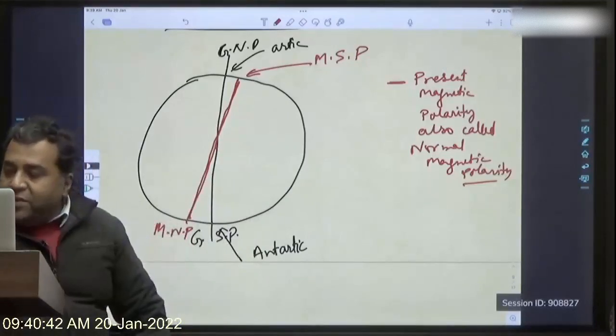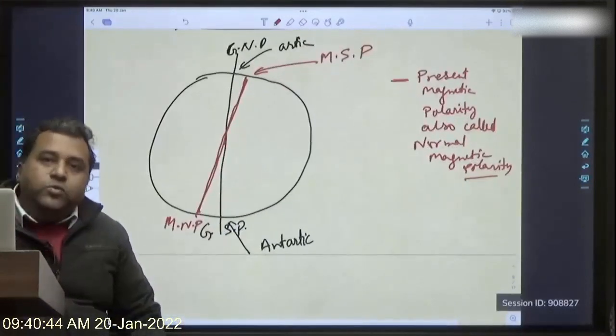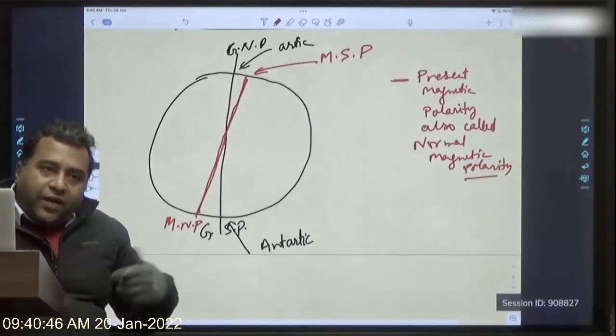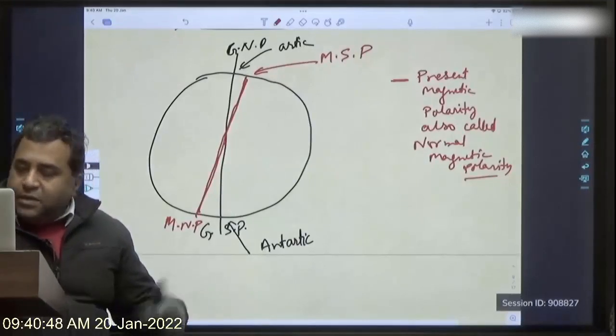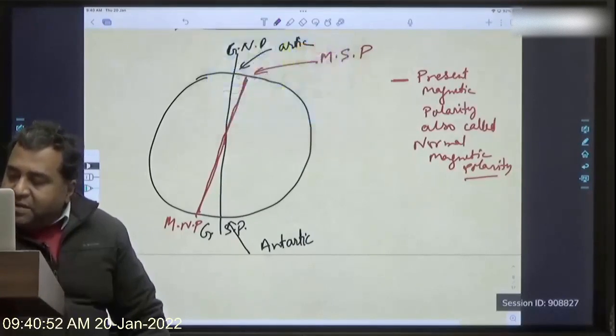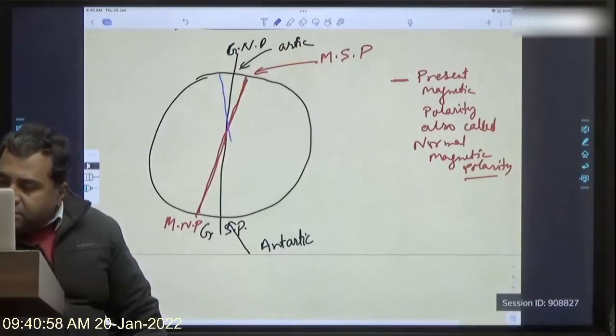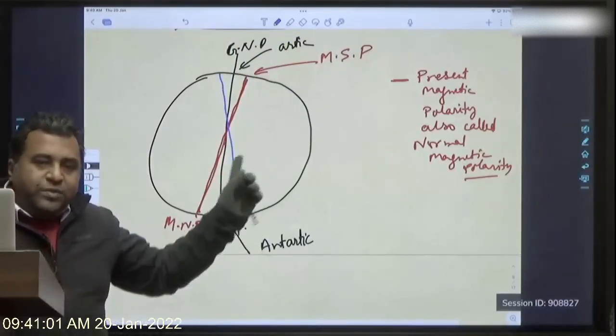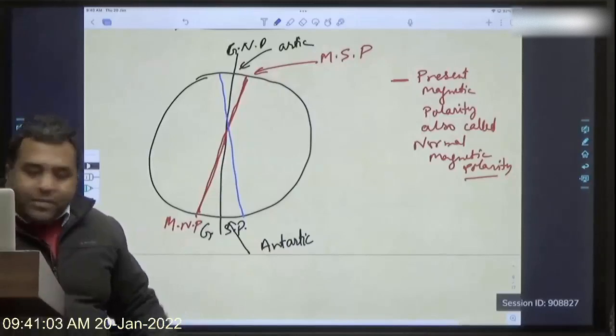Now why are we calling this normal? Because we also know that after a few lakh years, this polarity might reverse and we might get a polarity on the other side. Just to keep clarity in the diagram, I'm drawing it slightly separate.